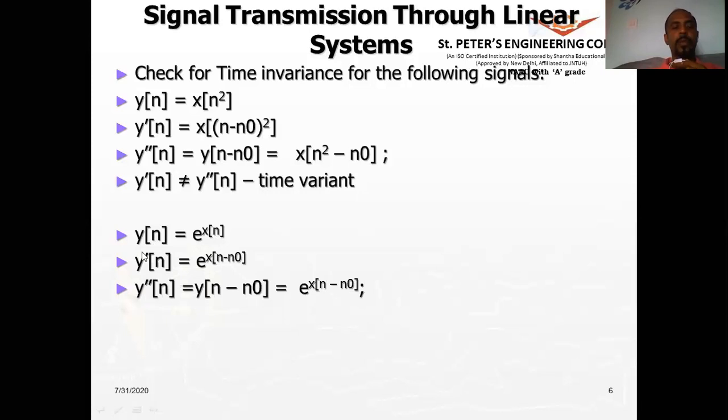That means go to y of n and replace each n with n minus n naught. Then you get y of n minus n naught is equal to e to the power of x of n minus n naught. So you see that y dash of n is the same as y double dash of n. Therefore, the system is time invariant. An exponential system is not varying with time. So therefore, it is a time invariant system.